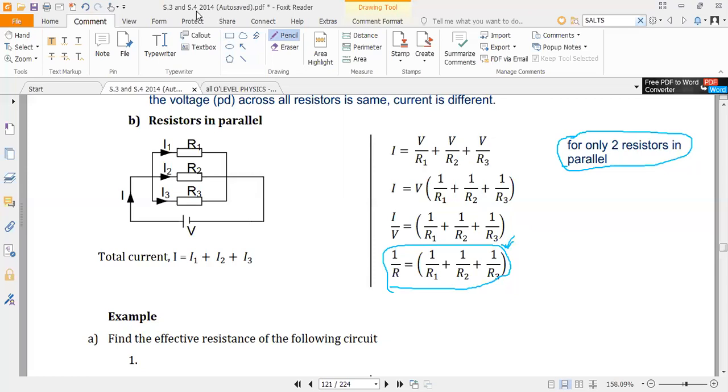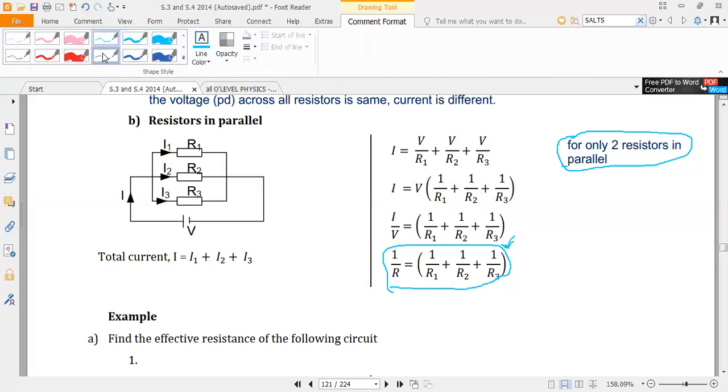But if there are two resistors in parallel, the equation 1/R is given by 1/R1 plus 1/R2, because there are only two resistors, R1 and R2, in parallel. So we shall end up having 1/R.